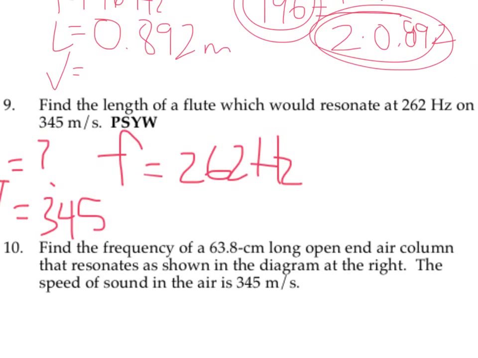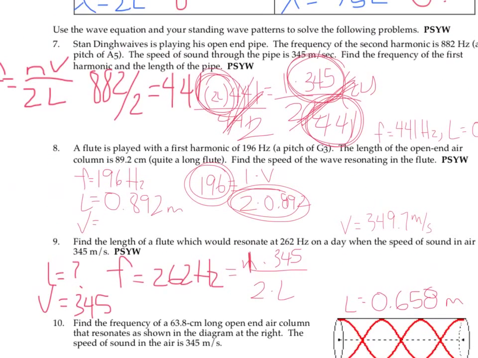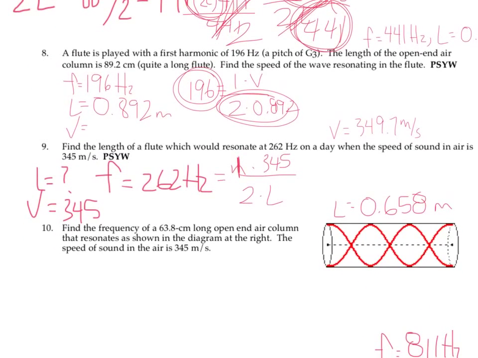So 262 hertz equals n, which is just 1, times 345 divided by 2 times the length. And just like we did up here with number 7, you're solving for length and should get 0.658 meters as an answer here.